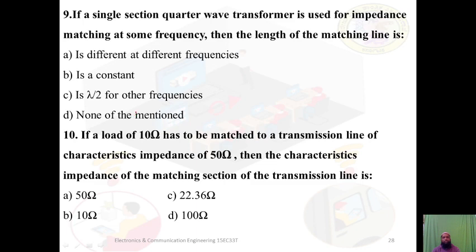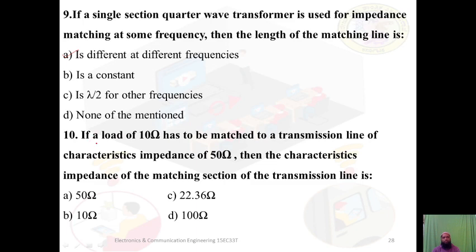So the answer is that the length of the matching line is different at different frequencies. It will not be the same. The quarter wave length changes as the frequency changes, so the quarter length of the matching line also changes.